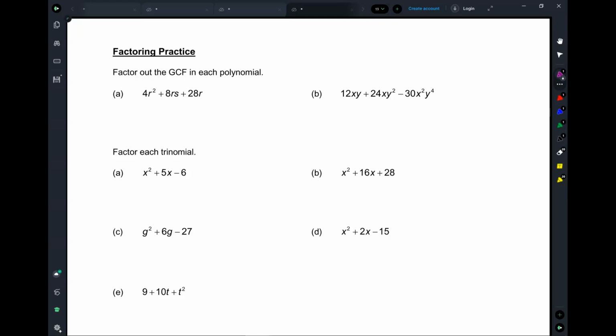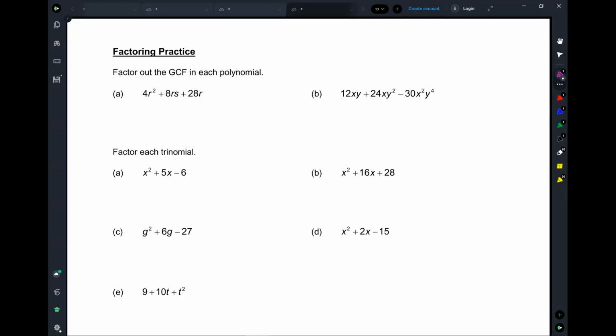We're going to factor out the GCF first in each polynomial. GCF is greatest common factor. A polynomial is something that has more than one term. How many terms does this one have? 3 terms: 1, 2, 3.